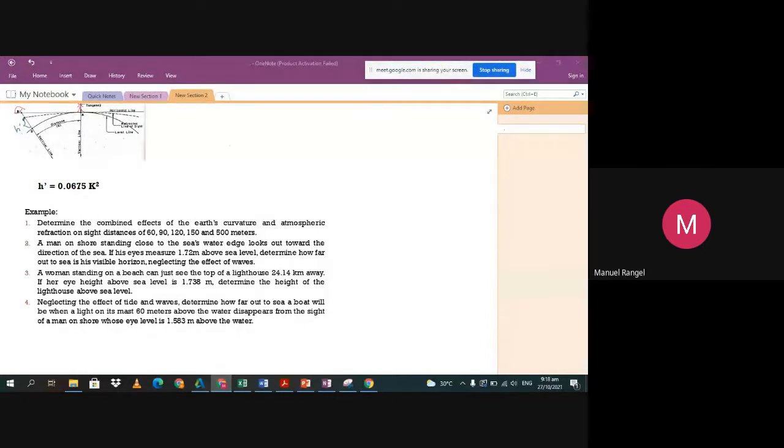Okay, so problem number 1, determine the combined effect of the Earth's curvature and atmospheric refraction on sight distances of 60, 90, 120, 150 and 500 meters.